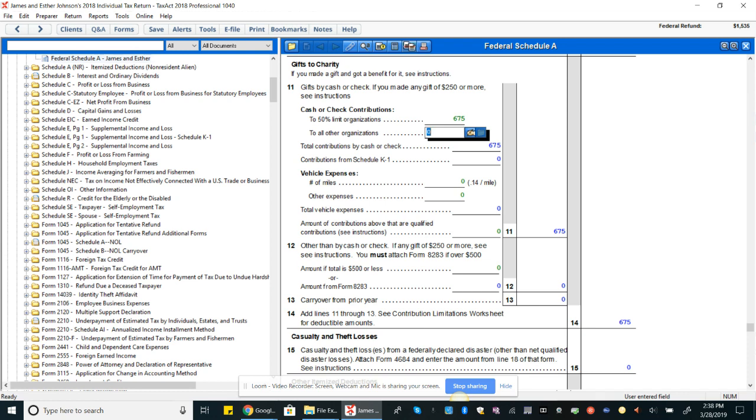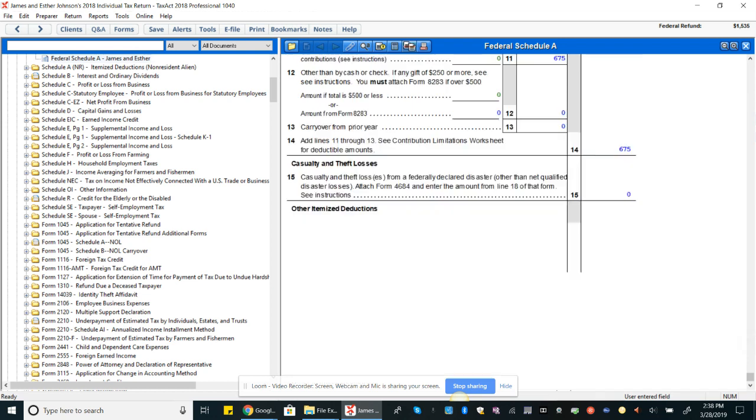Contributions were made over the course of the year, and no individual contribution was more than $250. Other than cash or check, if gifts, that's where you enter it down here if it was more than those amounts.